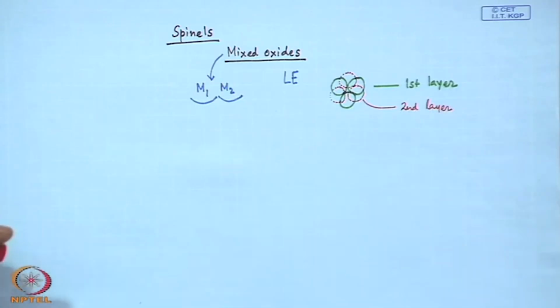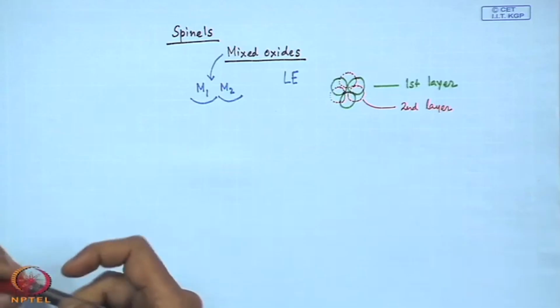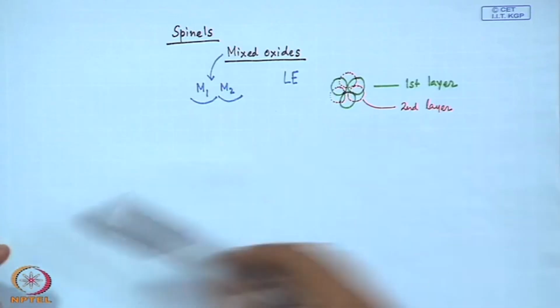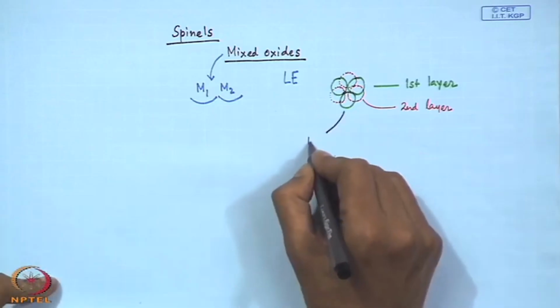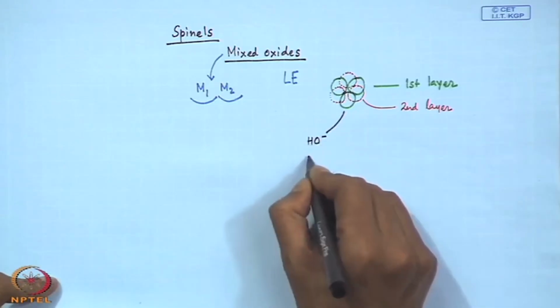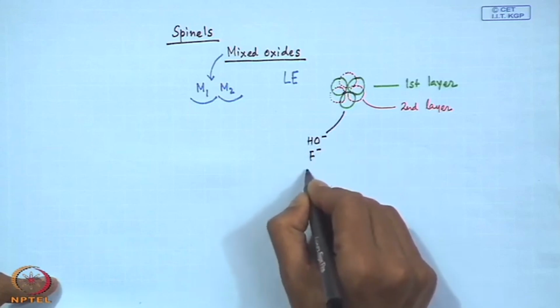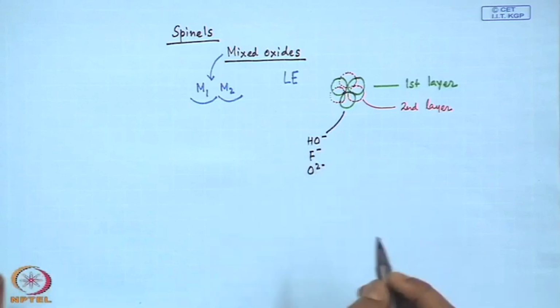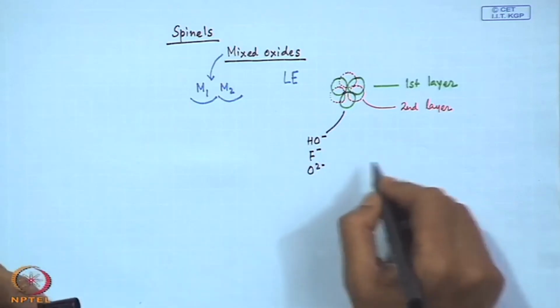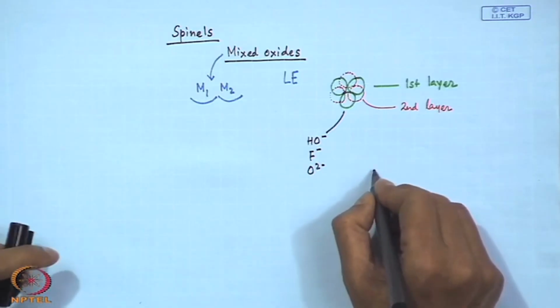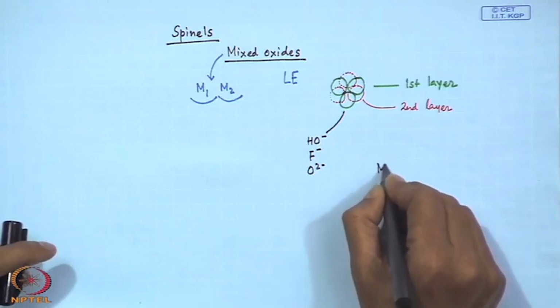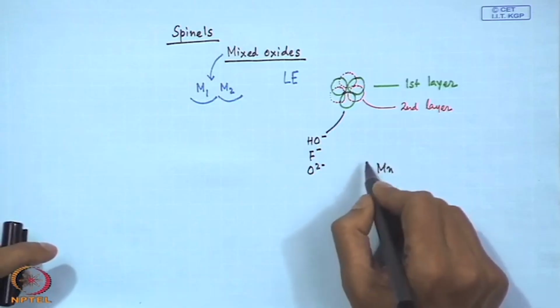So, whenever we are having a close packing of these spheres, because these spheres can be simple HO minus, F minus or O2 minus, this is very much similar to a particular metal complex, say manganese is forming.